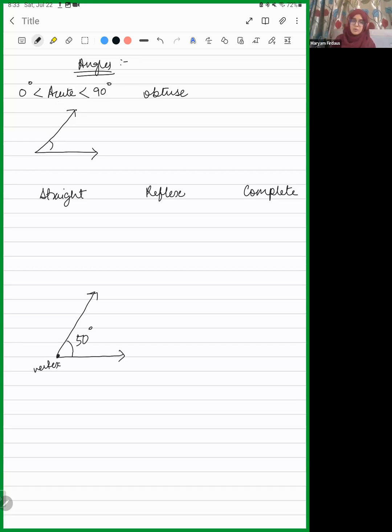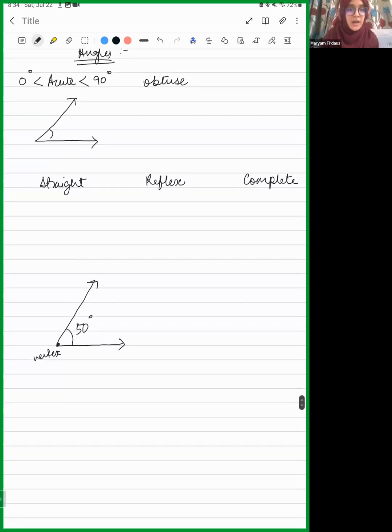Now obtuse, who knows what is an obtuse angle? Who will tell me? Anyone? It is exactly 90 degrees. Obtuse angle is exactly 90 degrees. No, see.